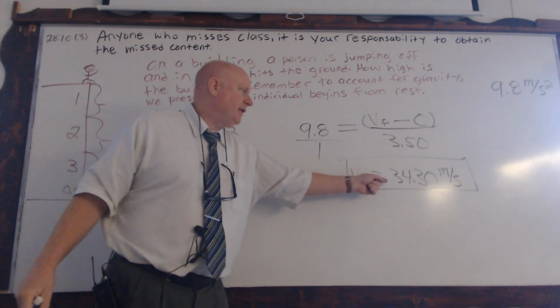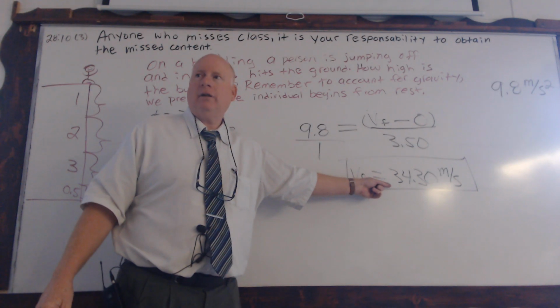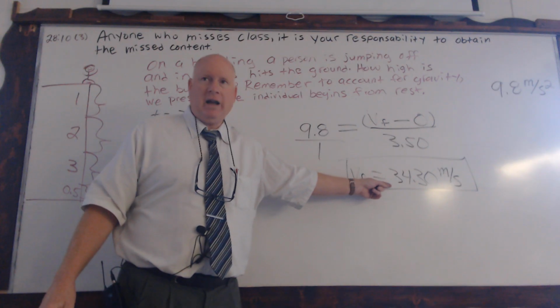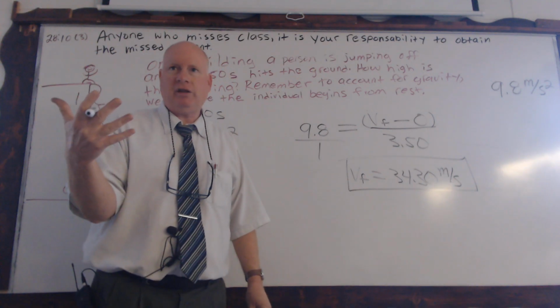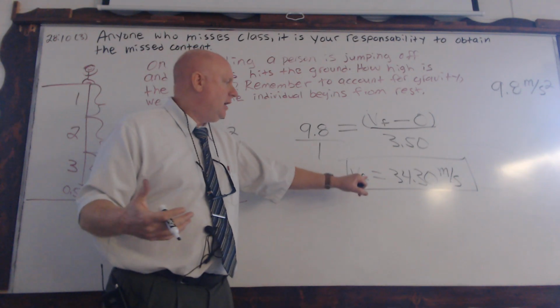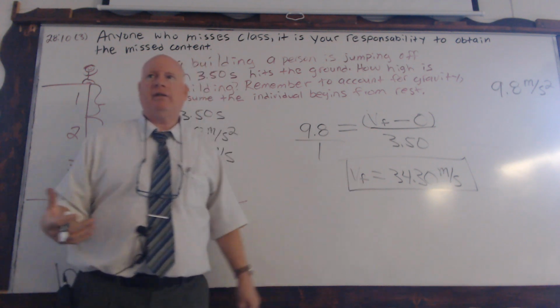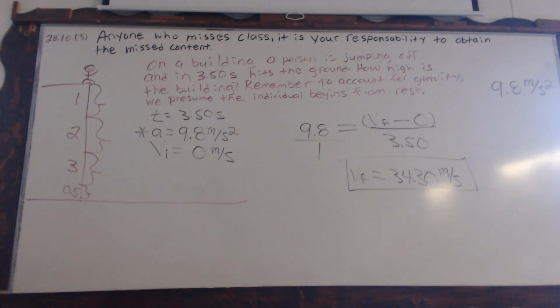This is not going to give us a height. But once we have a velocity and you look at your formula sheet, what can a velocity do to help you with a height? If we have a velocity and a time, what can we solve for? Distance, which in this case can be height. Distance can be how high it is off the ground.